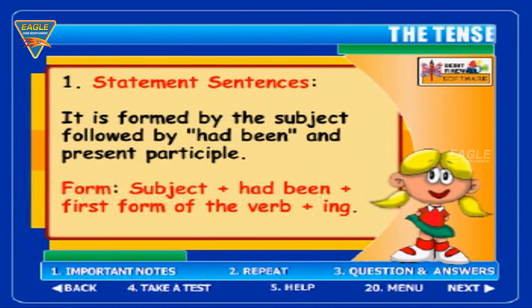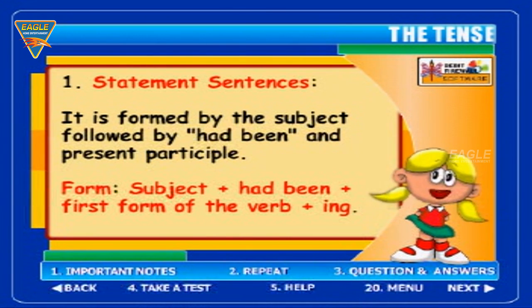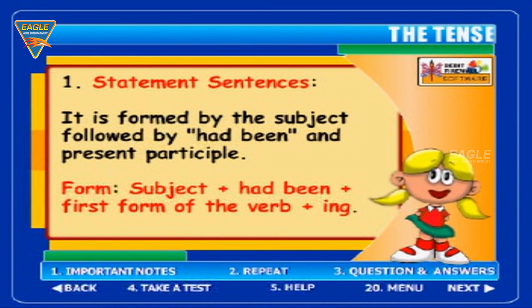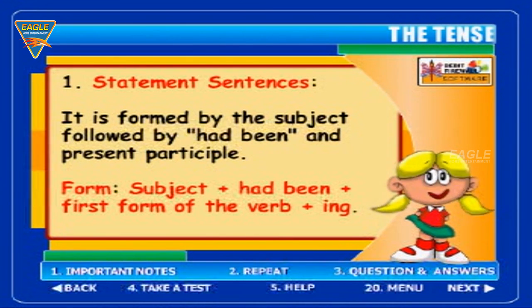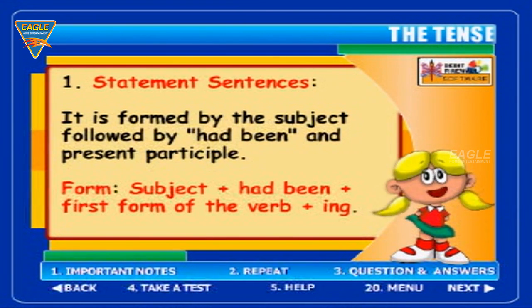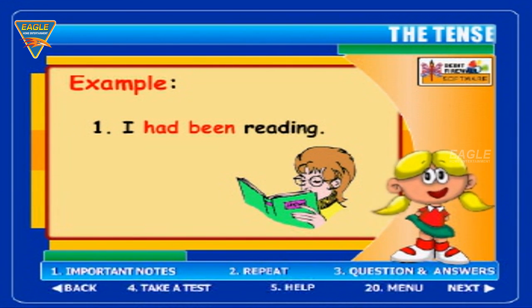Statement sentences. It is formed by the subject followed by had been and present participle. Form: subject plus had been plus first form of the verb plus ing. Examples: I had been reading.